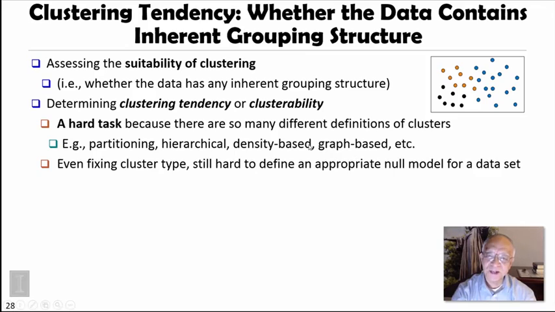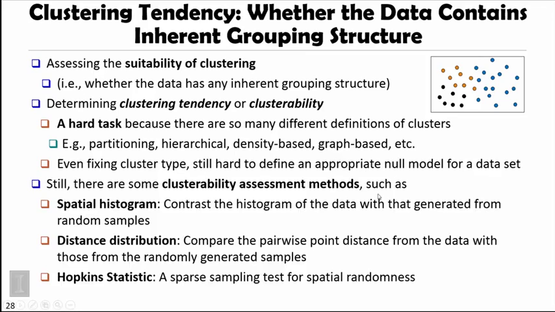That's why studying whether the data is clusterable or not is pretty hard. Even if we fix the cluster type, for example, we just study the partitioning methods, it is still hard to define an appropriate null model for a data set. However, there are still some studies on clusterability assessment.